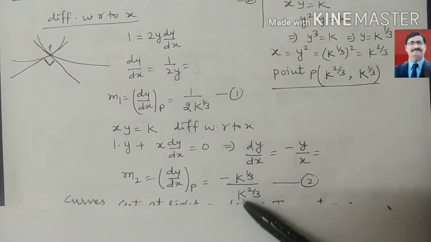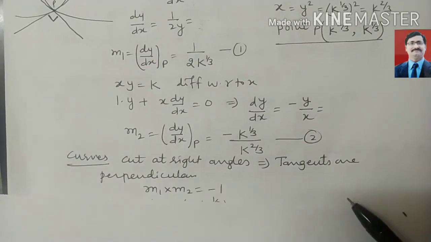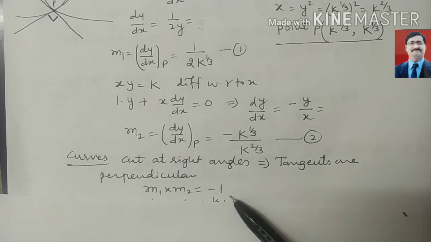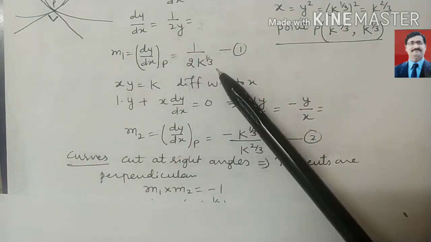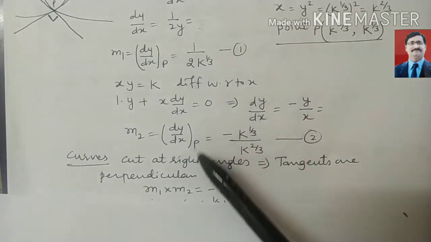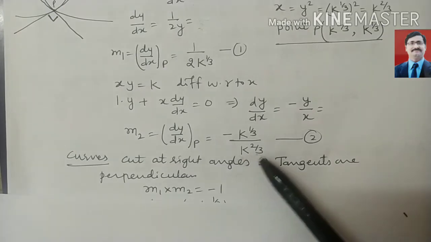Now in the question it is given that the curves cut at right angles, which implies that the tangents are perpendicular, and we know the rule for perpendicular lines: m1 times m2 equals minus 1. We know m1 is 1 upon 2 k power 1 upon 3, and m2 is minus k power 1 upon 3 upon k power 2 upon 3.